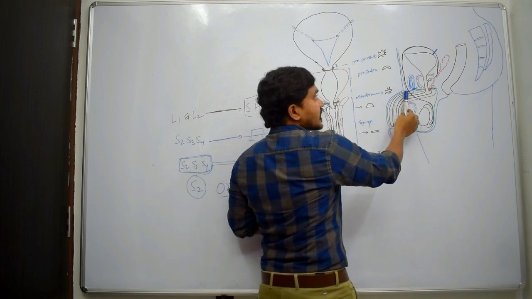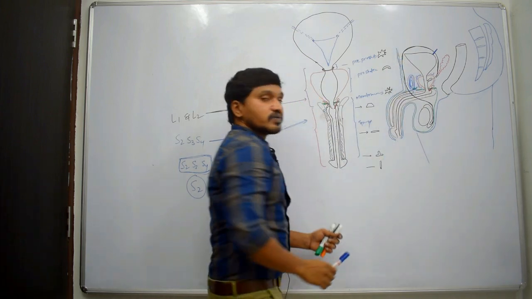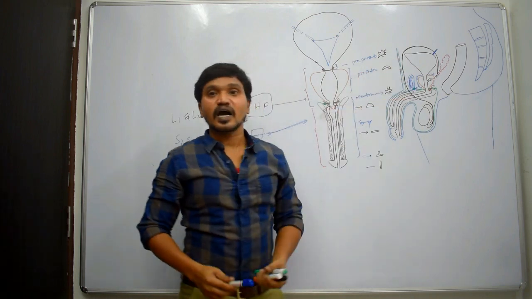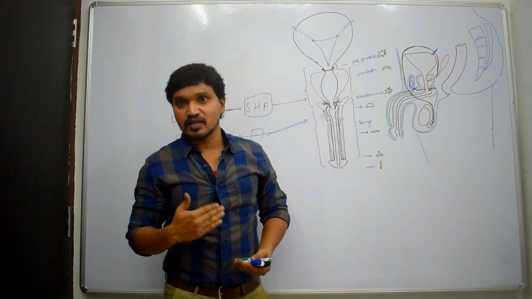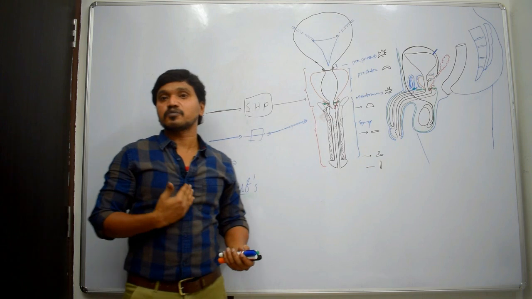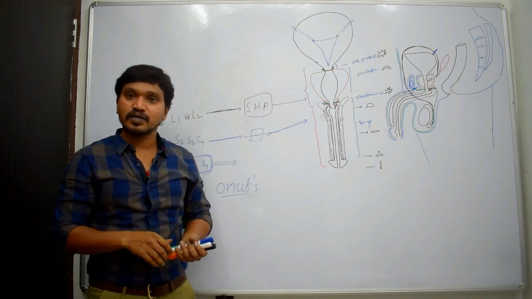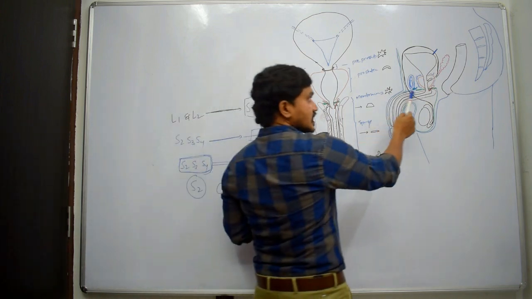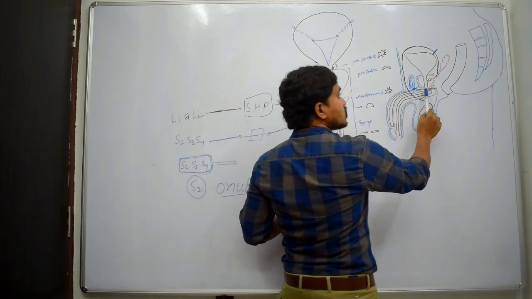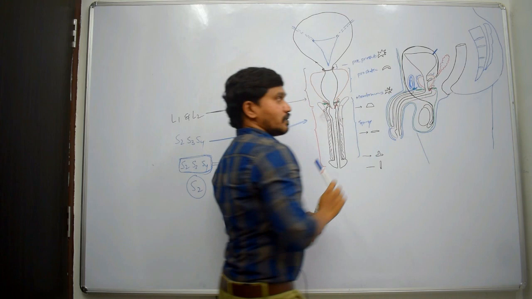Then it extends up in between the Colles' fascia and the external oblique abdominis muscle, right? It may extend up to the xiphoid process, sometimes it may extend up to the axilla also, right? So that is extravasation if there is injury to the urethra below the perineal membrane.